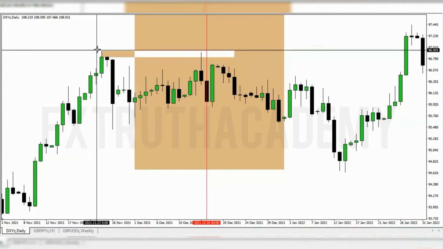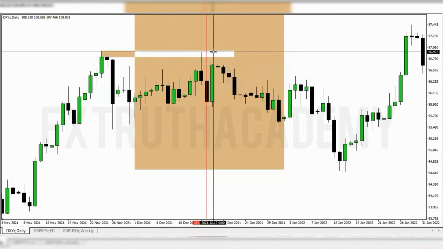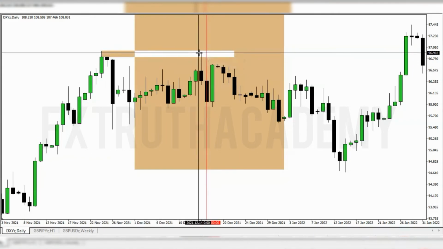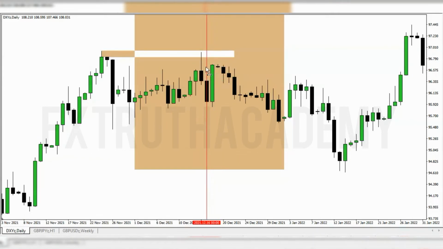So this high is not taken out yet, and there's a new high being formed here. We know that for sure when this particular candle forms. So now with this high, let's see if it takes out this low.